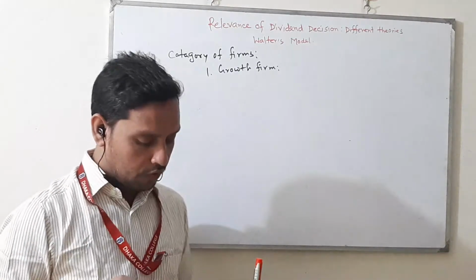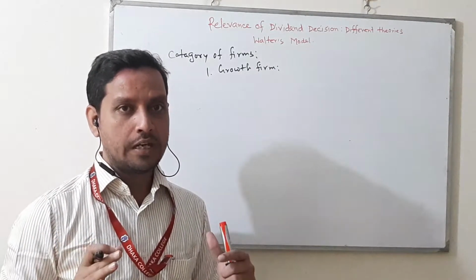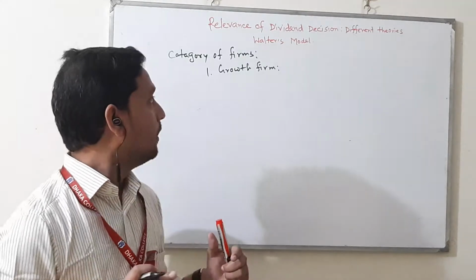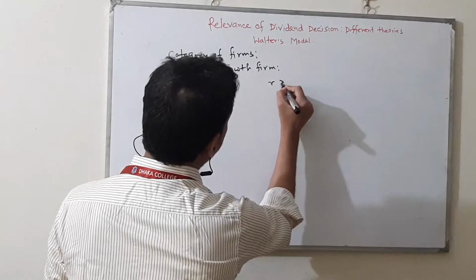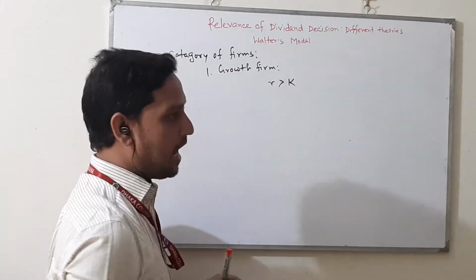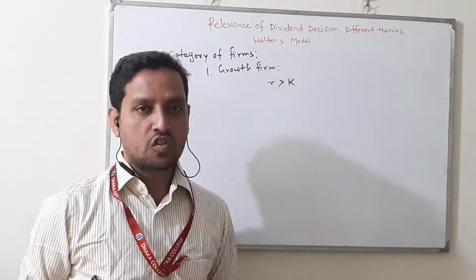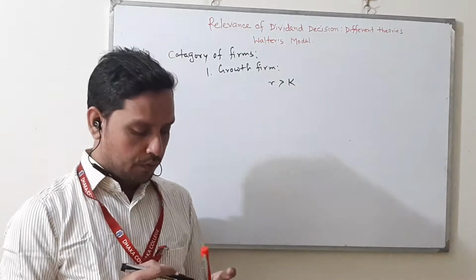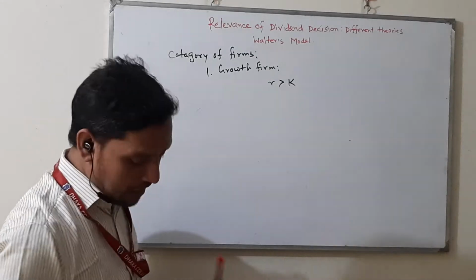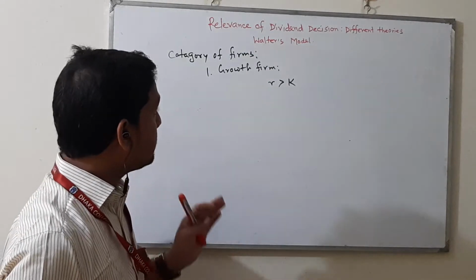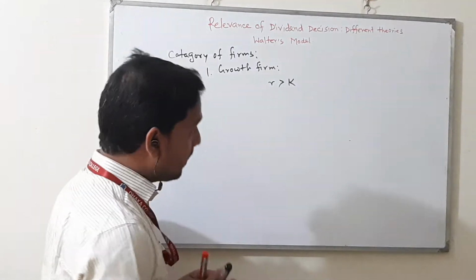Growth firms are those which expand rapidly. Here always R is greater than K, internal rate of return is higher than the cost of capital. So we should say these firms are able to reinvest earnings at a rate which is higher than the shareholders' expectations.